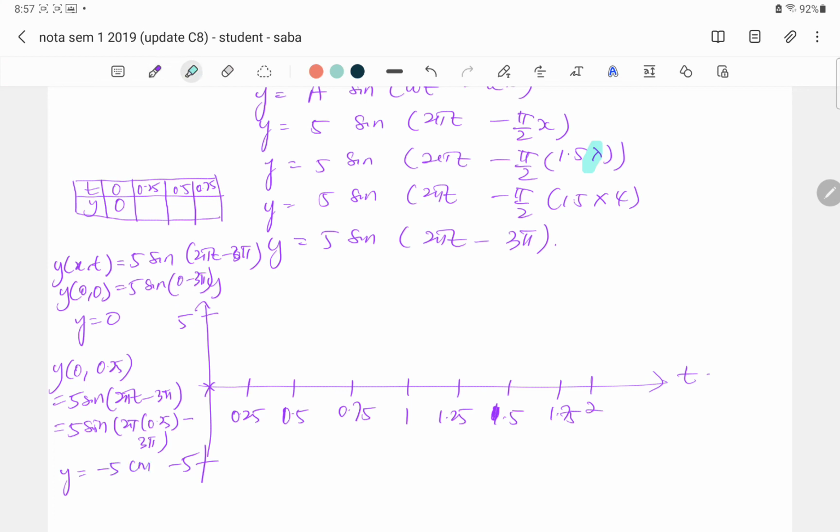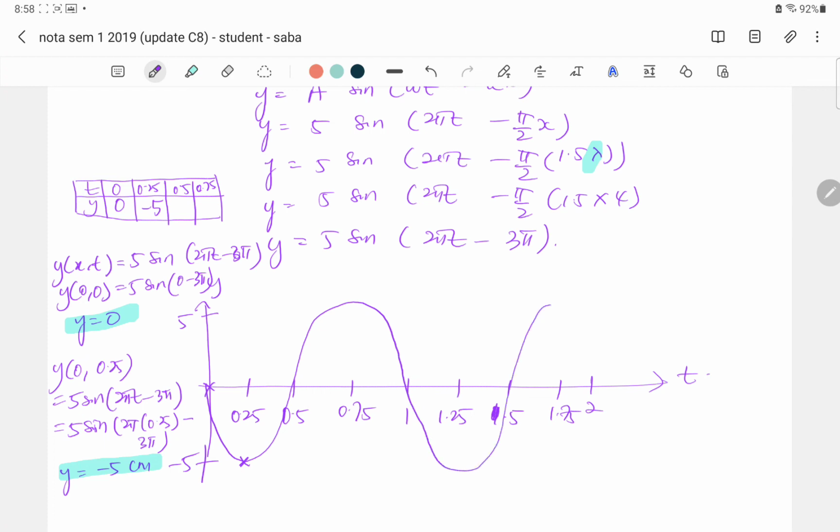Okay, tekan calculator ni dulu. This one is negative 5. So when 0.25 tu you akan dapat negative 5. So pattern kita dah nampak dah. Pattern macam ni.